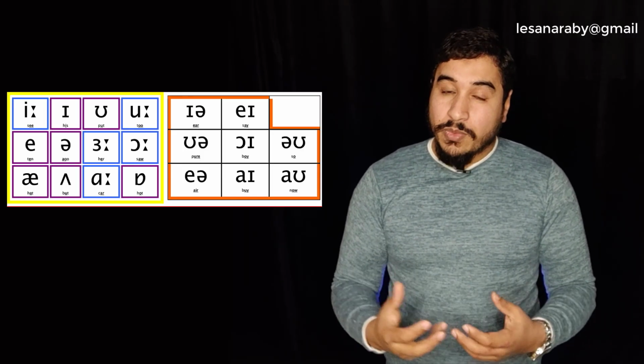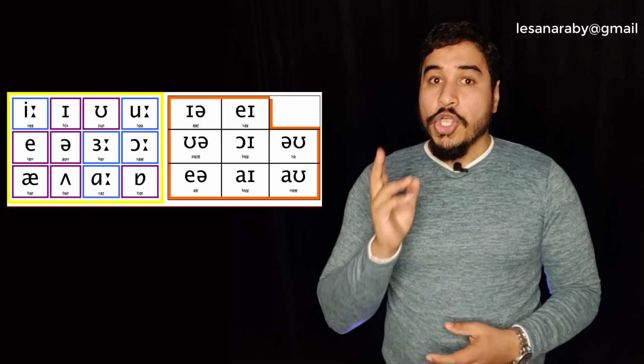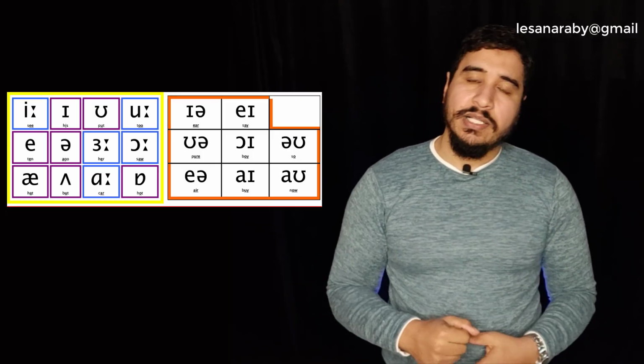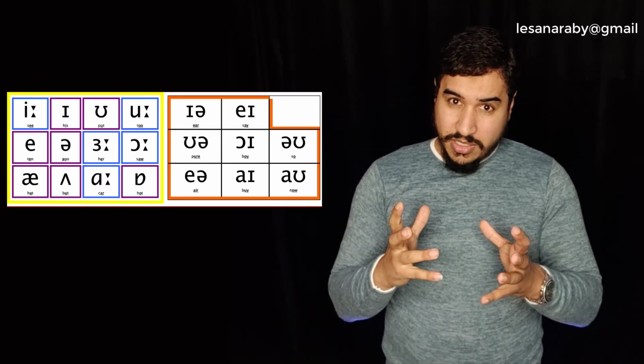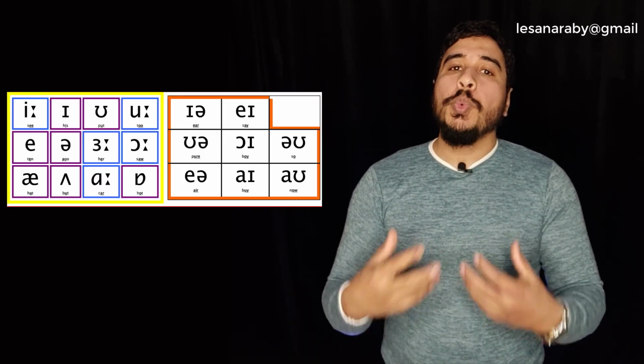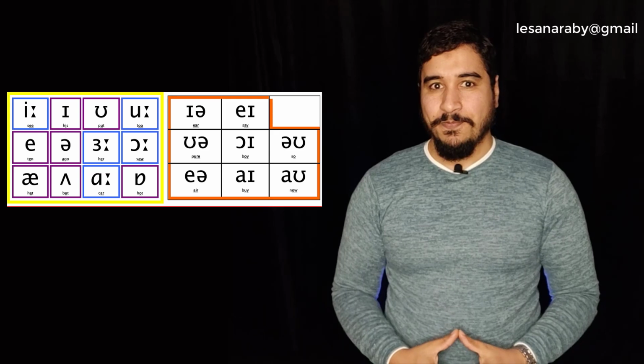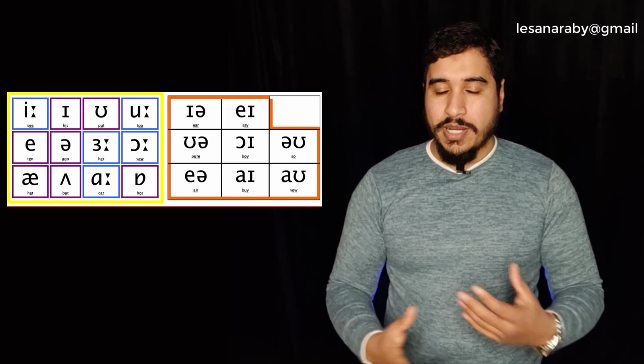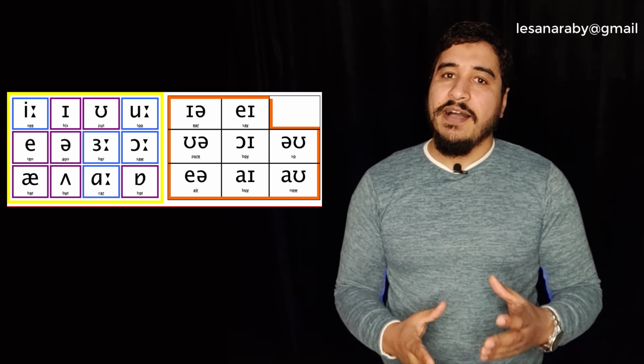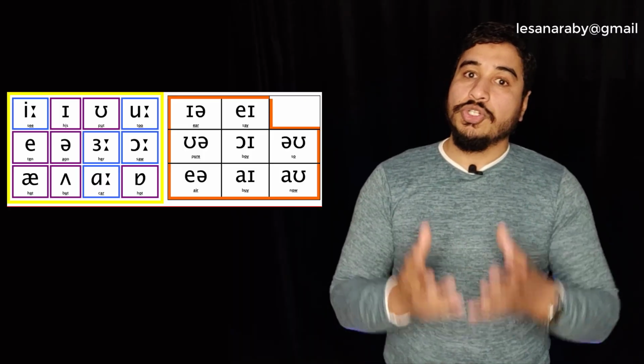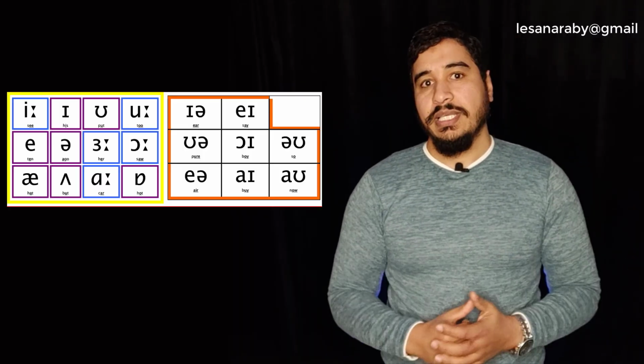Unlike English, by the way, because if you are familiar with the English phonology or not, I don't know, those 5 vowels in English together form about 20 sounds in English. I don't know if you are familiar with phonetics or not. You have some long vowels, some short vowels, and some diphthongs, 8 diphthongs to be precise.